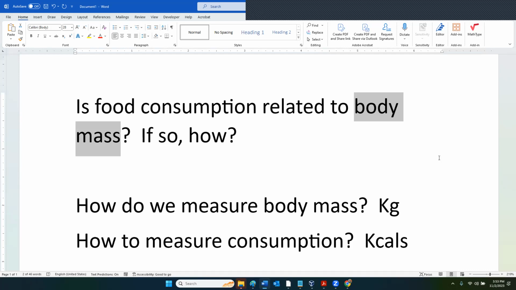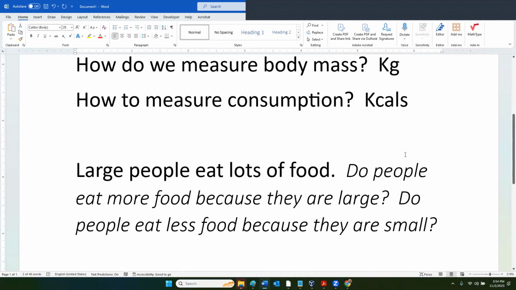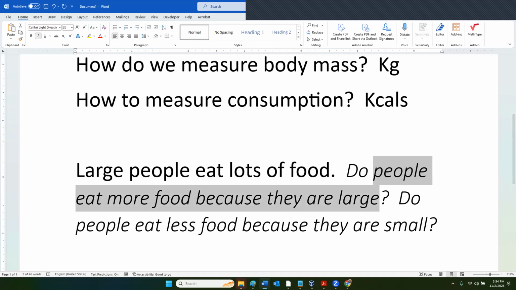You were from another planet and you dropped into planet Earth and you're watching people, you're watching their food consumption, and you're observing, measuring their body mass, right? Couldn't you infer a different question? So in terms of the scientific study, could you not pose the hypothesis that people eat more food because they are large?